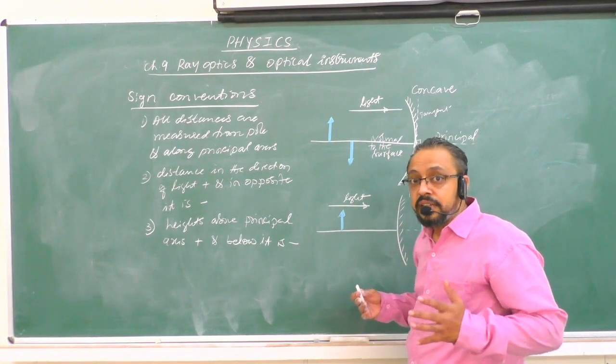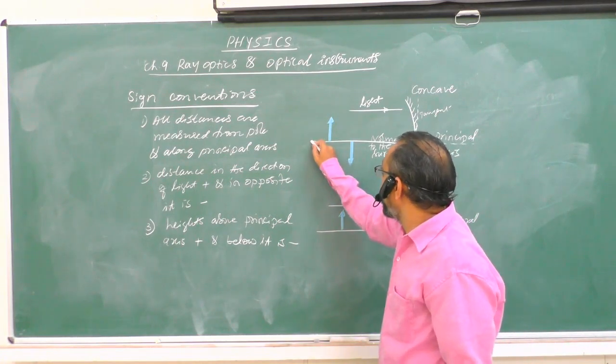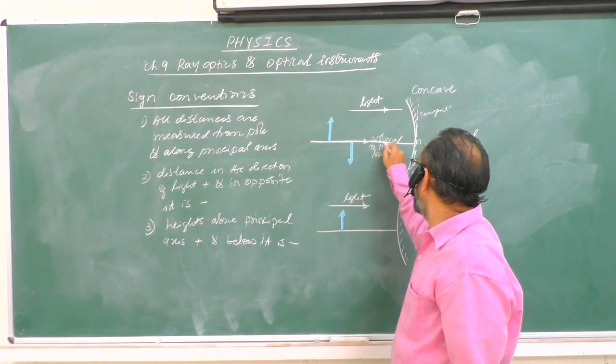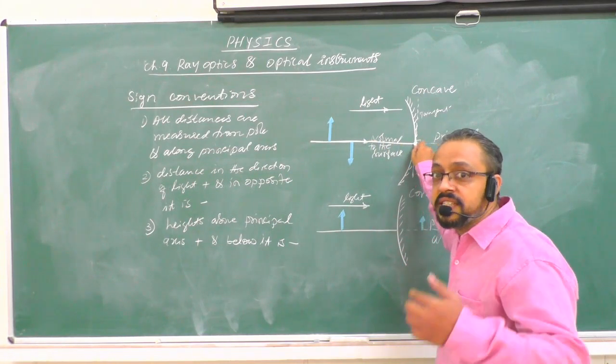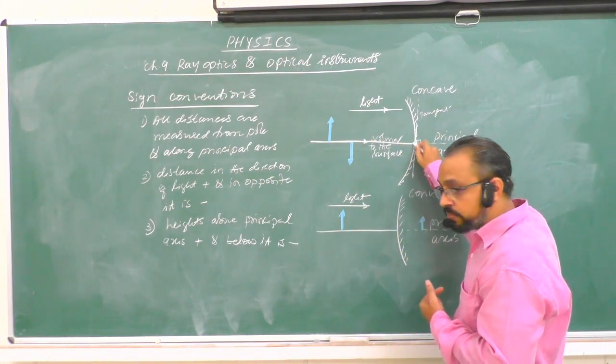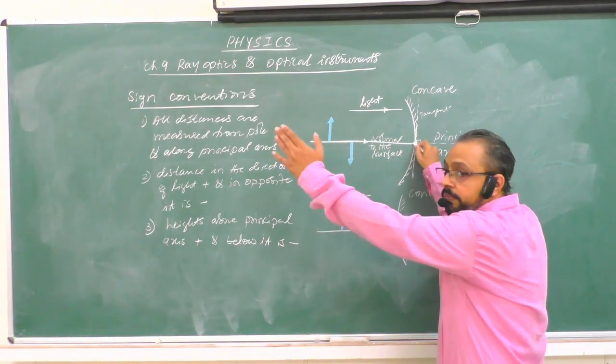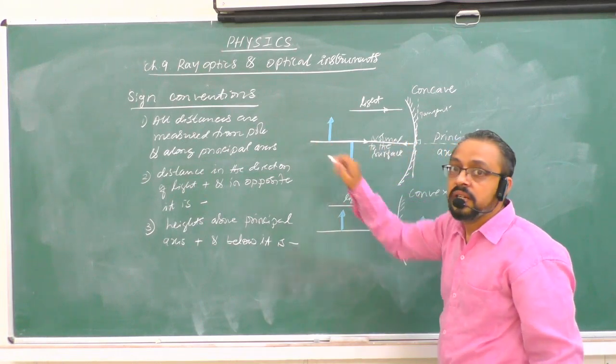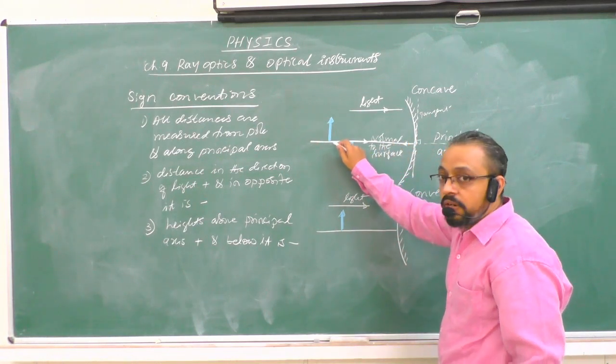What happens then? If a light ray comes along this line and makes an incidence, that means hitting the mirror at this point, it will go back along the same line. So have you learned what happened?